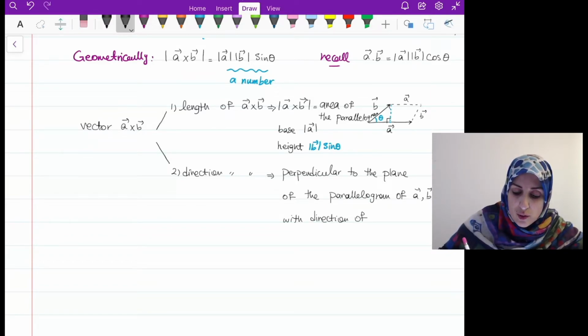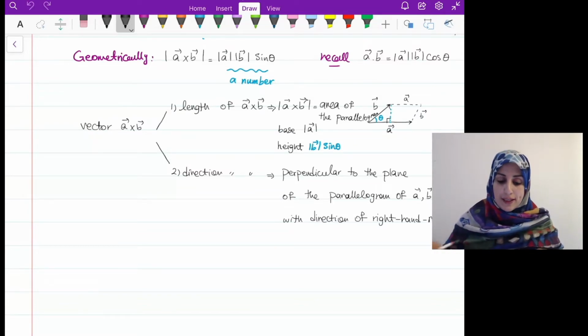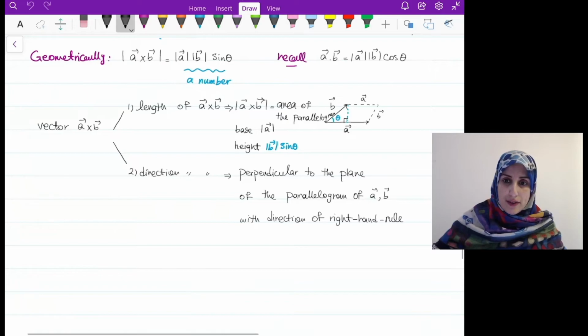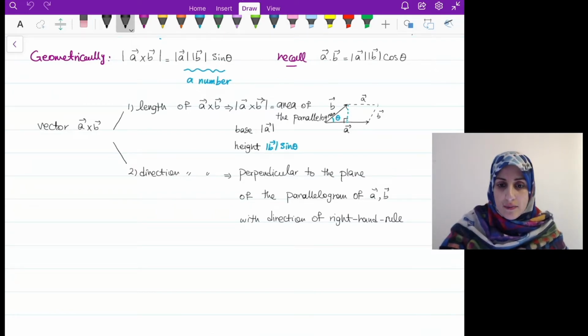of right hand rule. Okay, what do I mean by the right hand rule? I mean this.